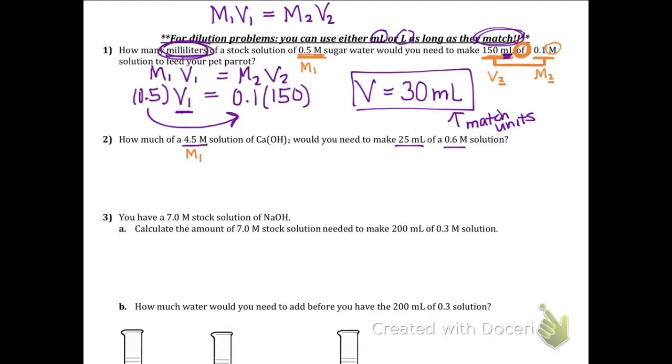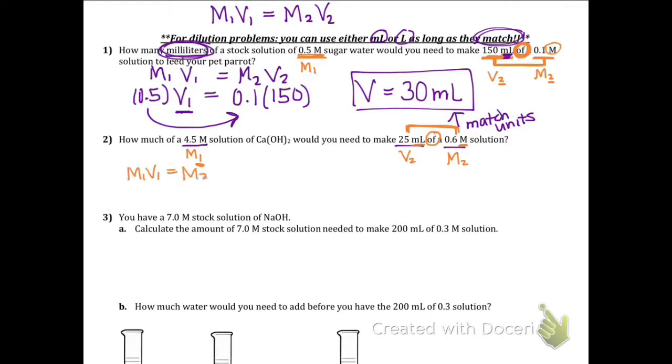Here it's milliliters, so I know this is a volume. Here this is molar, so it's molarity. I have an "of" here, so I know these numbers are connected, so I have to give them the same number. I already used the number 1 on this side, so I'm going to make both of these the number 2.